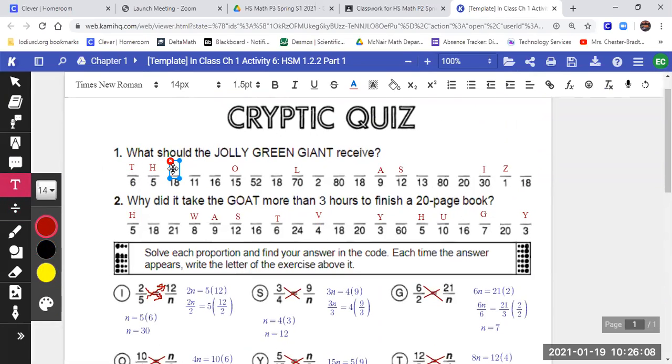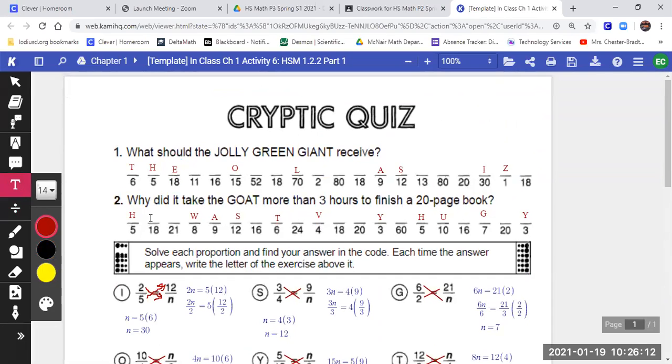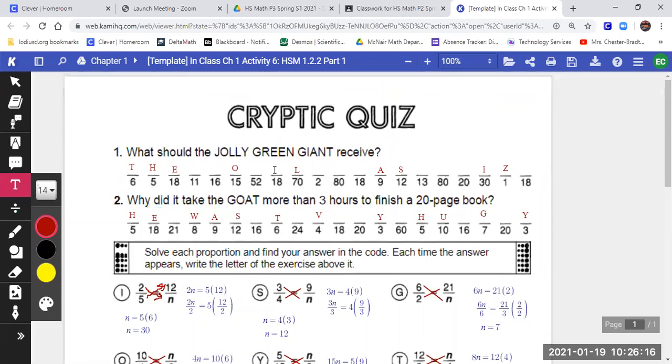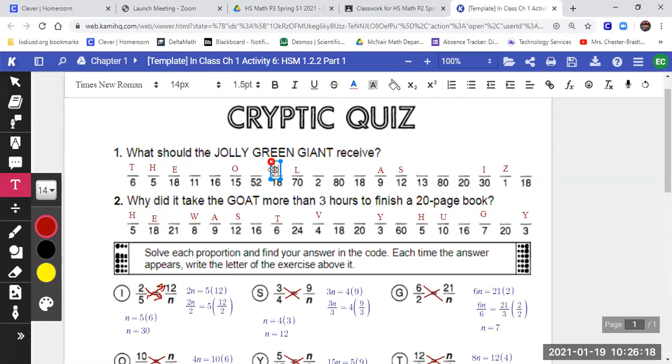Here's an E. Here's an E. Ooh. Yay, we finally got one that gave us quite a bit, huh? There's an E. There's an E. Are there any more? Yeah, there's one right here, right?